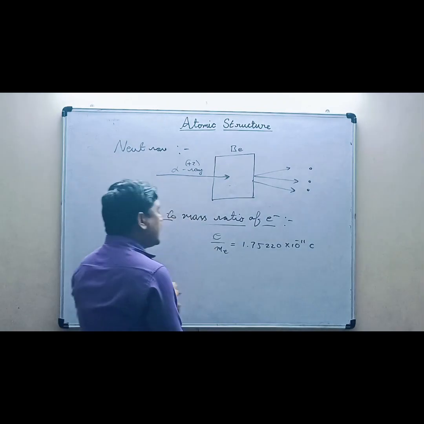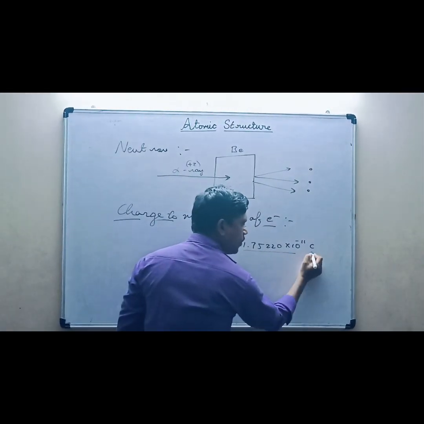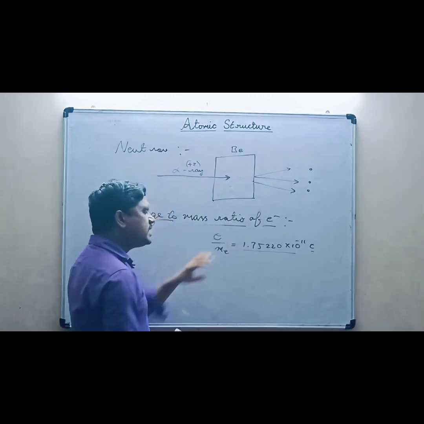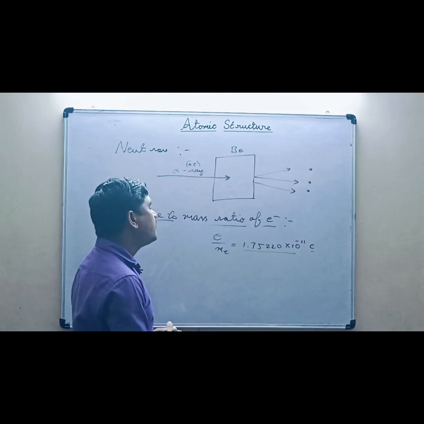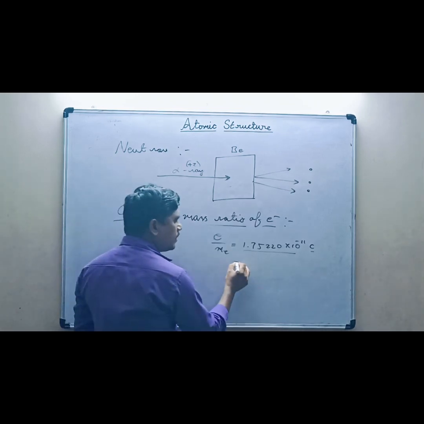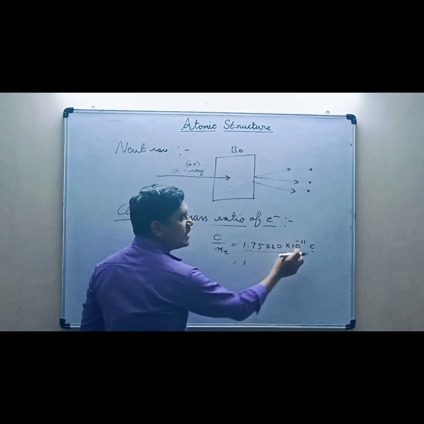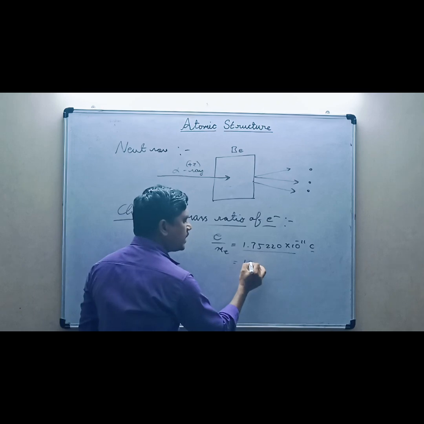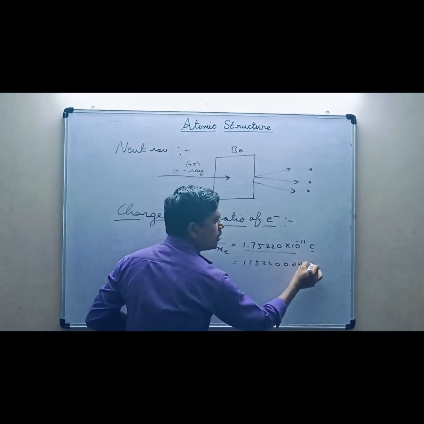Now let's try to understand the value of this and what C is. See, by seeing this number, most of the students might get confused and feel it's tough, but don't feel that it is tough. See here, the value after 1, if you take 11 zeros, comes to 175220 and so on.